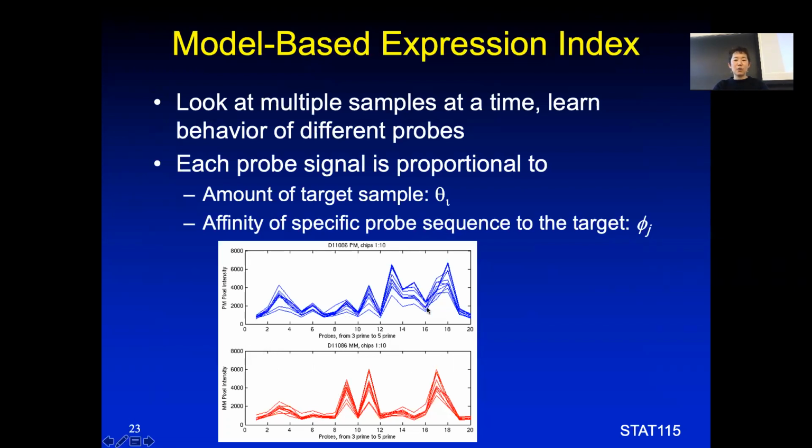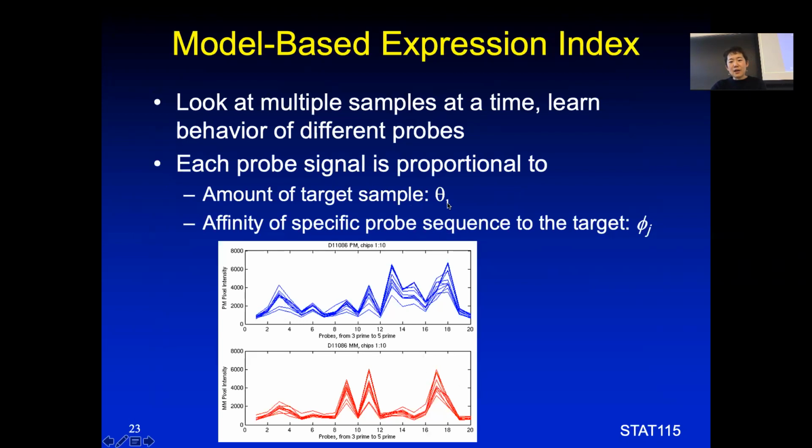We're only going to look at the perfect match probe, but to learn the behavior of the different probes by looking at how each probe behaves across many samples at the same time. You can learn the trend of the different probes, their behavior. Each probe signal is believed to be proportional to two things.